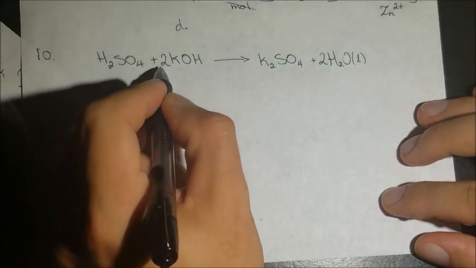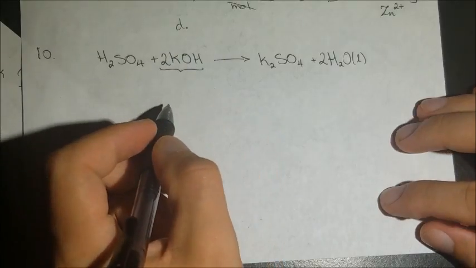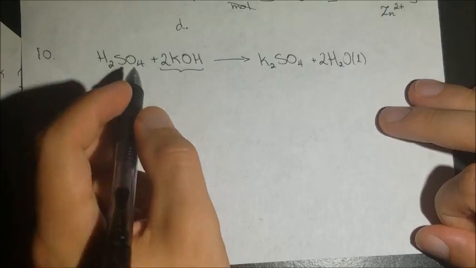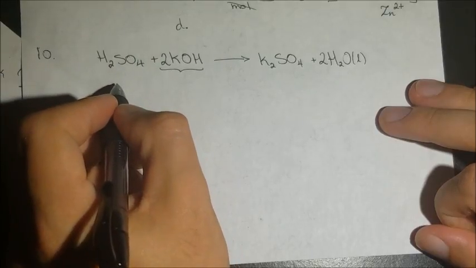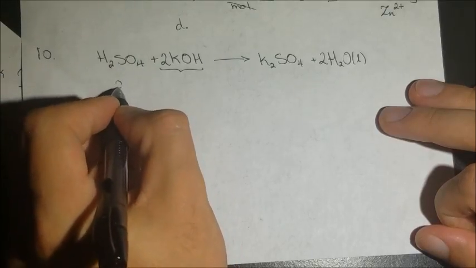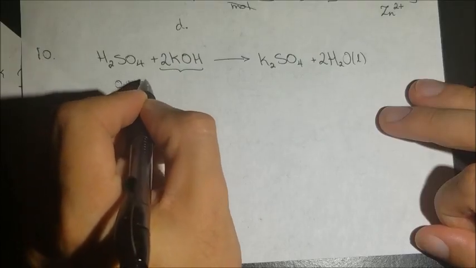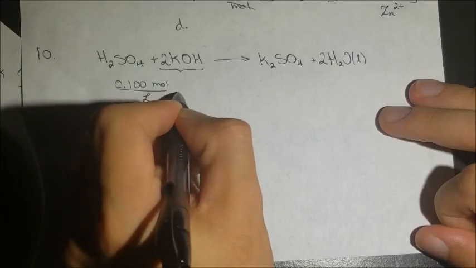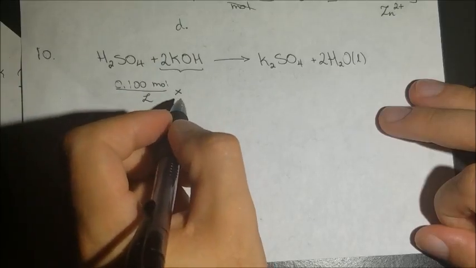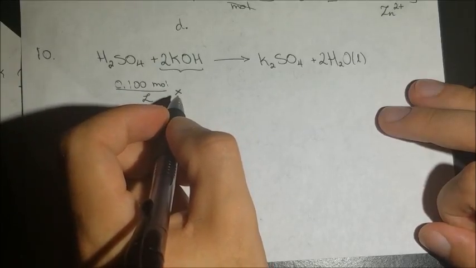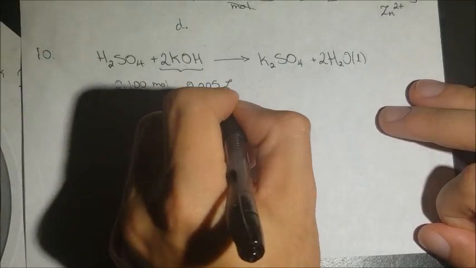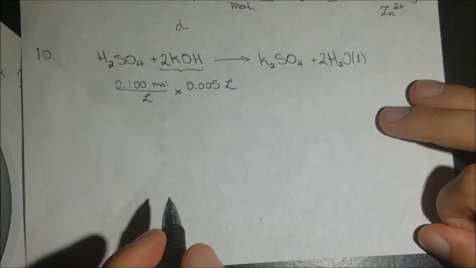So let's go ahead and do that. Let's figure out first of all how many moles of KOH we had. So we had 0.1 moles per liter, and we needed to dispense 0.005 liters.